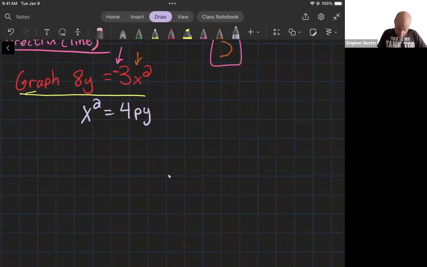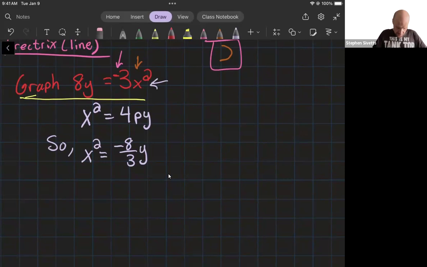So if we solve for x squared here, what we will get is x squared is equal to negative 8/3 times y. Okay. So the other part of this question is to find the focus and the directrix.